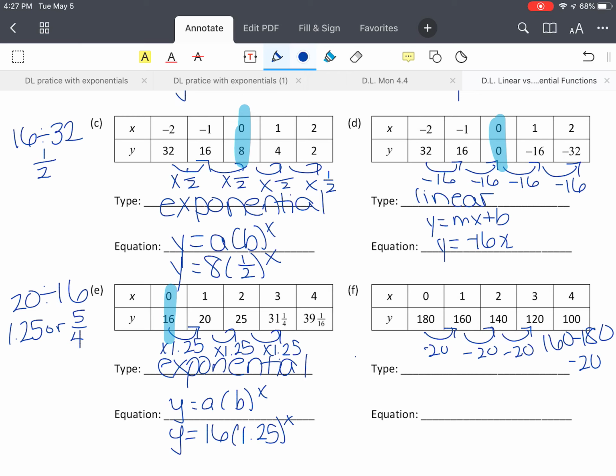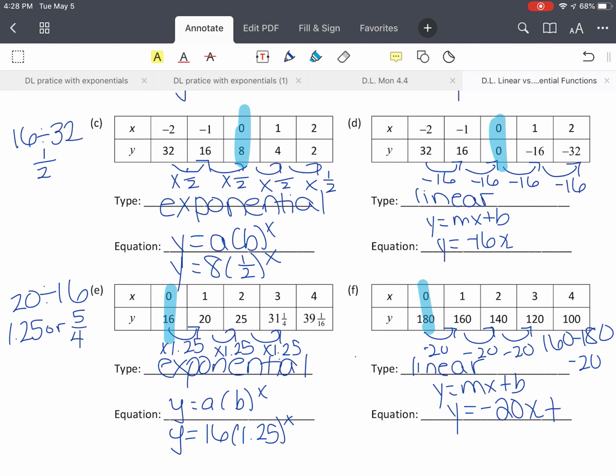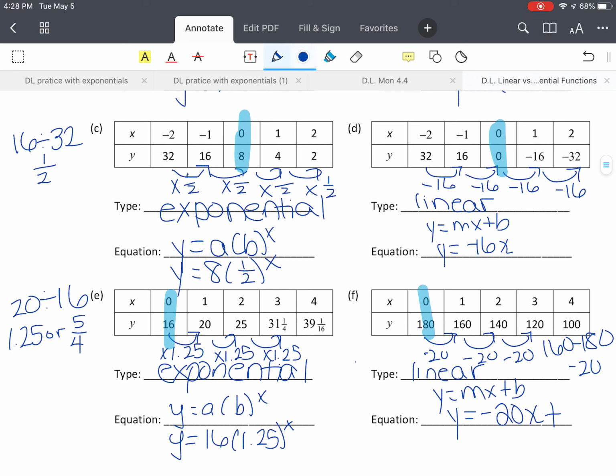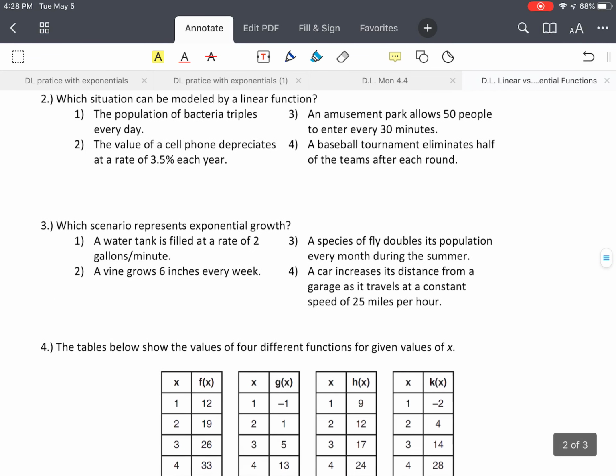And if you're not sure, you can just have your calculator next to you and just try it out. 140 minus 20 is 120. 120 minus 20 is 100. So if I'm adding or subtracting the same amount every time, it's linear. So y equals mx plus b. So y equals negative 20x plus 180. Okay, nice. All right, let's look at a few more.